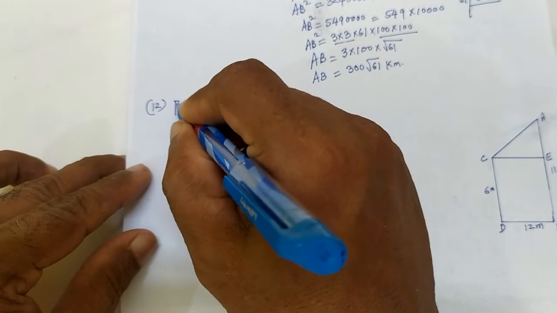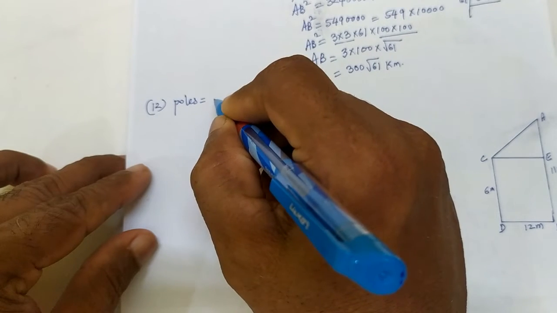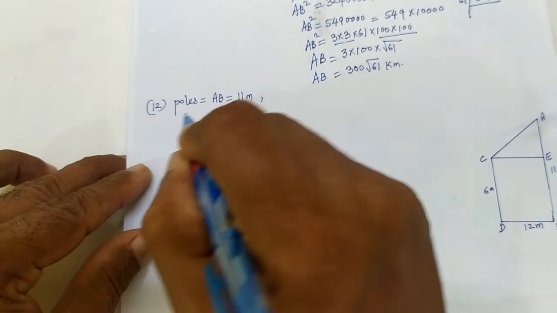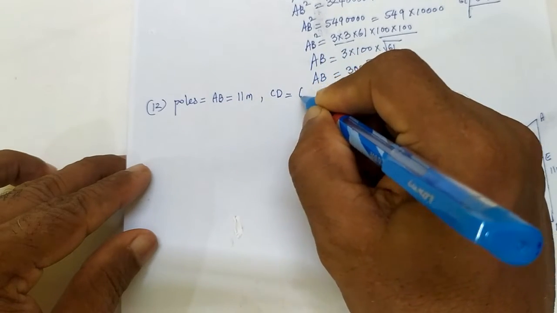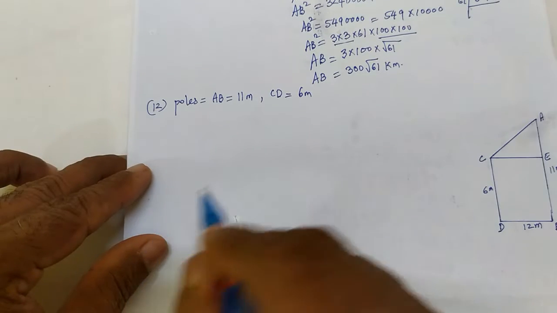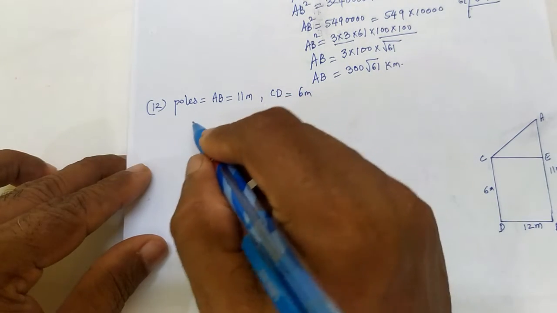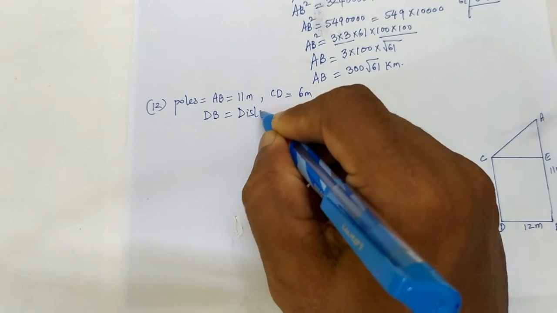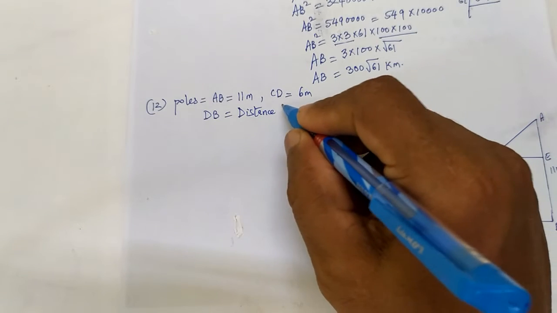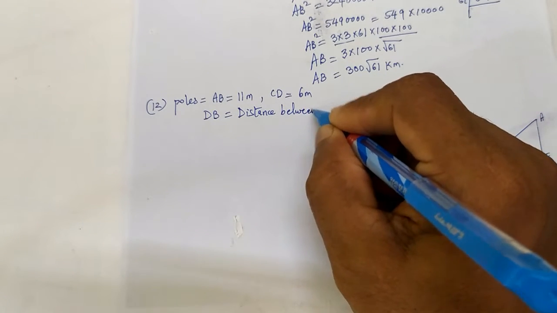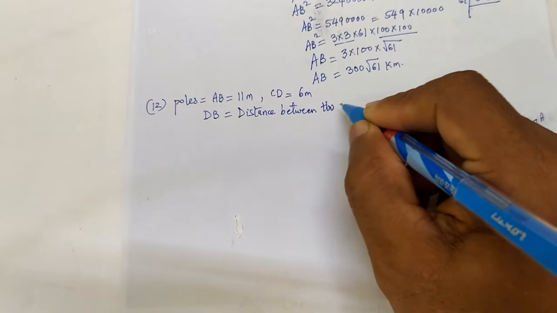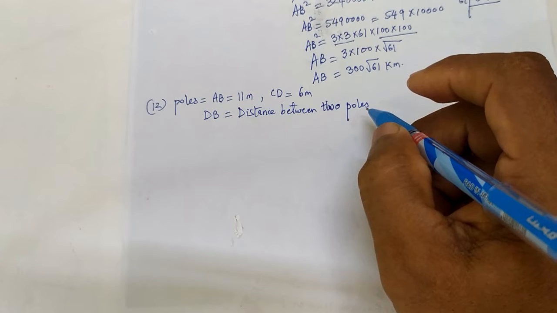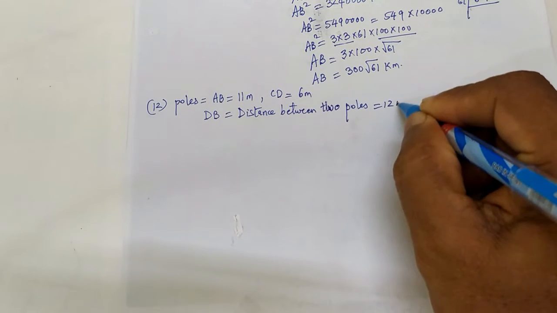We'll say the poles: AB is one pole which is 11 meters, and CD is the second pole which is 6 meters. DB is the distance between these two poles, that is 12 meters.